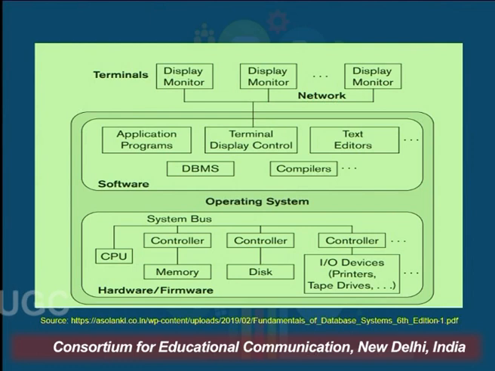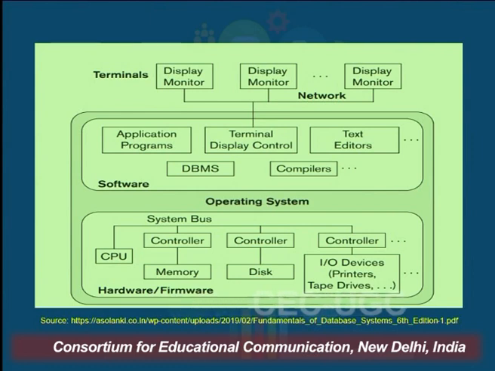And this big rectangle representing your mainframe has one layer of hardware or firmware. Then we have a layer of operating system on it, and then various software is hosted. You can also notice the database management system hosted along with various other software on this mainframe. So this was the architecture earlier, which is called the centralized architecture.